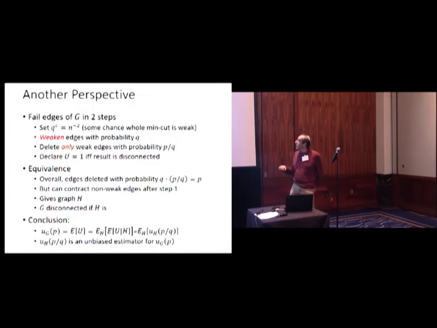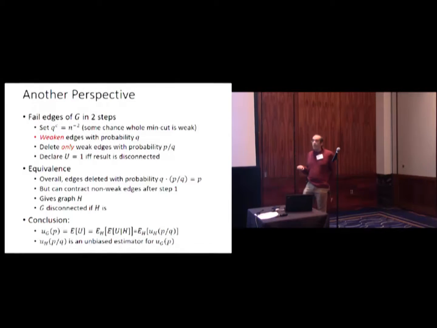So you can see that since the way I delete an edge is first by weakening it with probability q, and then by deleting it with probability p over q, each edge is deleted with probability p. In other words, this is producing a sample of the correct graph. However, since I only delete weak edges, after the first step, I can contract all of the non-weak edges.